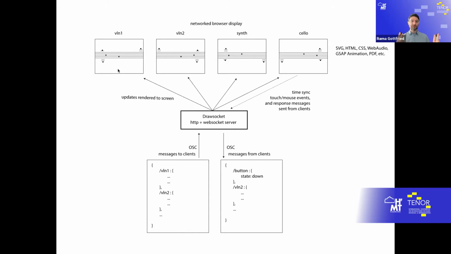The Drawsocket client script, which I'll go into detail in a moment, tries to create a sort of unified namespace so that you can address different parts of the browser functionalities with a unified message syntax.